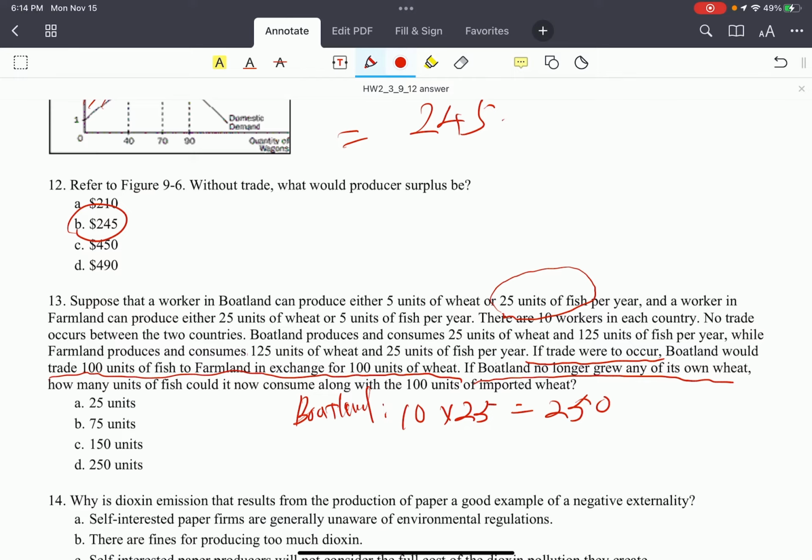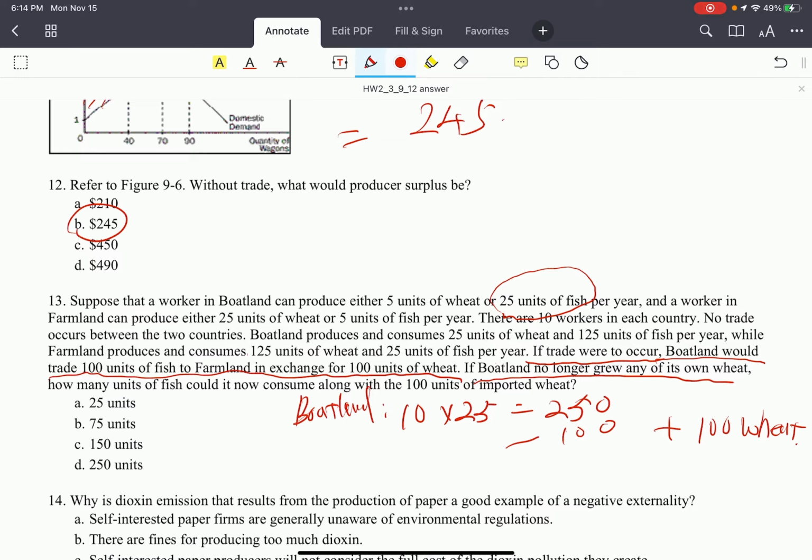And then the problem says Boland will trade 100 units of fish away in exchange for 100 units of wheat, right? Now the question is, how many units of fish can Boland consume?